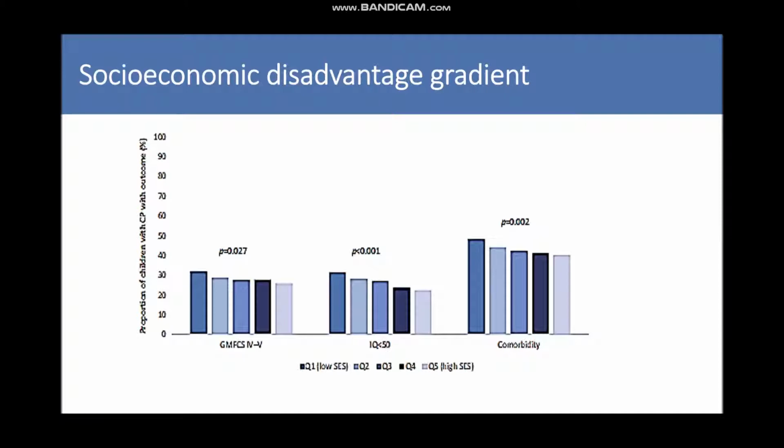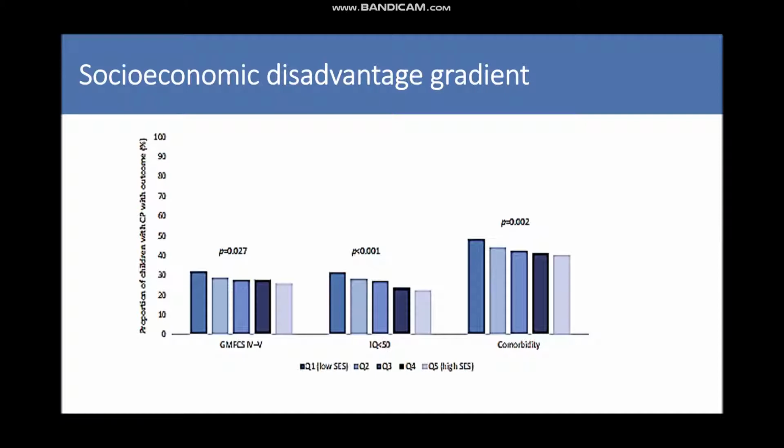First, if we look at this graph, which examines the relationship between neighbourhood socioeconomic status and the proportion of children with a severe CP outcome across GMFCS, IQ, and comorbidity, we can see that across the 5 socioeconomic status quintiles, ranging on the left from quintile 1, which is the lowest socioeconomic status, to quintile 5, which is the highest socioeconomic status, there is a statistically significant social gradient for all these outcomes.